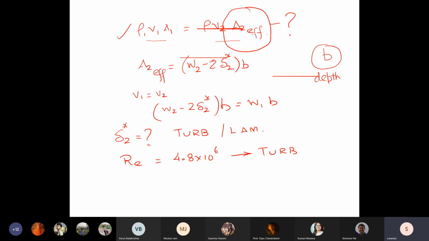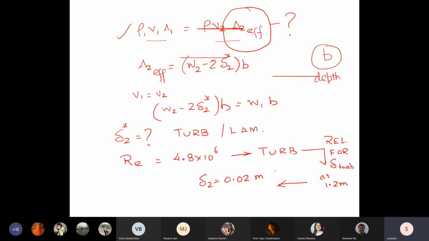The moment it is turbulent flow, you use the relation for delta in turbulent flow at 1.2 meter. That means at the second location, from this I should be able to get a numerical value of delta 2 to be 0.02 meters.